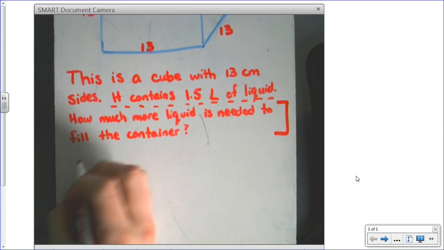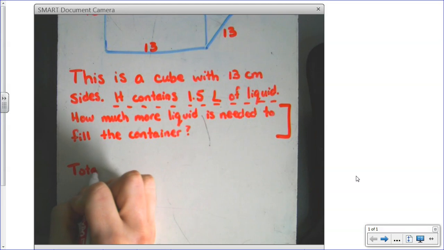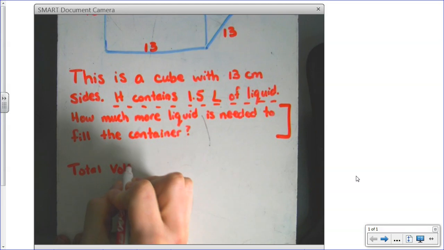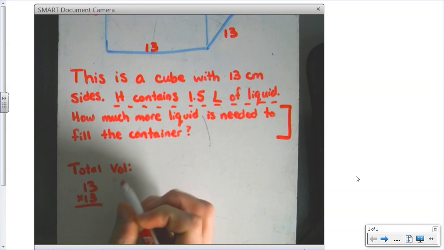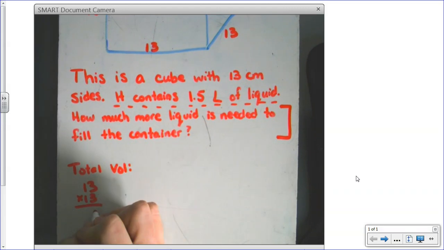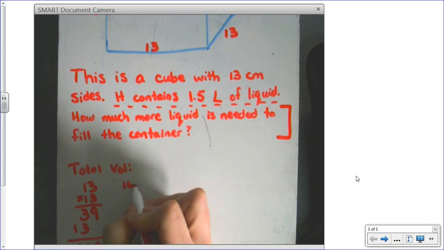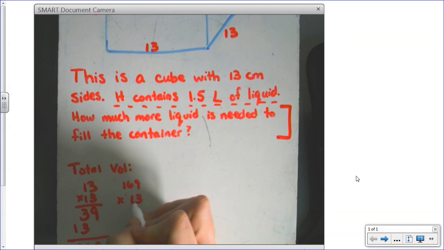So let's find the total volume, right? So my total volume is 13 times 13 times 13. So I'm going to break it up into 13 times 13 first. And I get 169, which I now need to multiply by 13 as well.